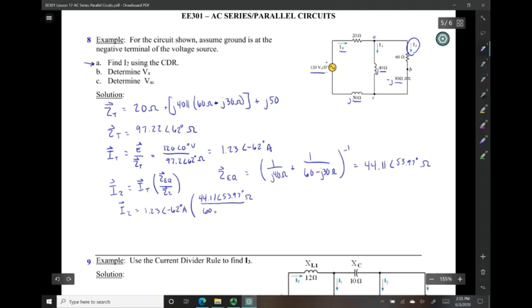I have to take again the sum of the 60 ohm resistor plus the minus J30 ohms. And that gives me a final answer of 812 milliamps, angle of 19 degrees.